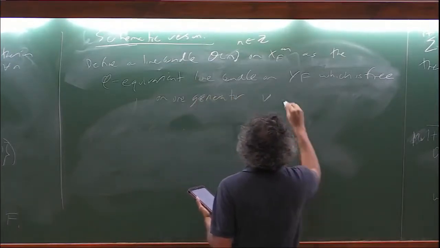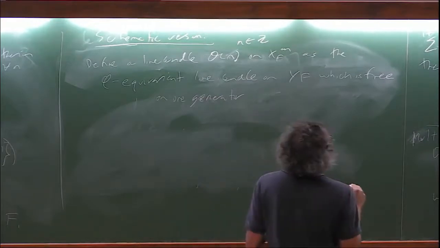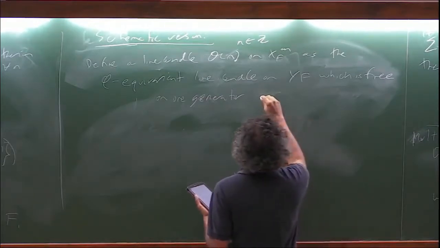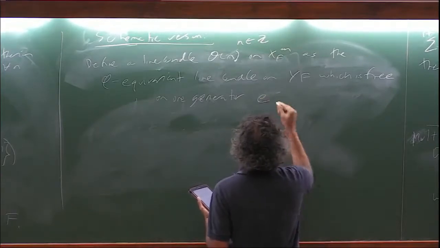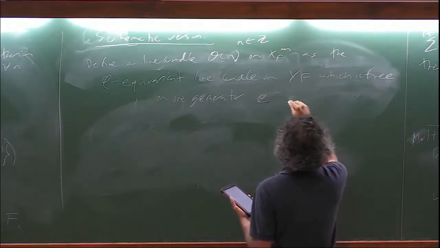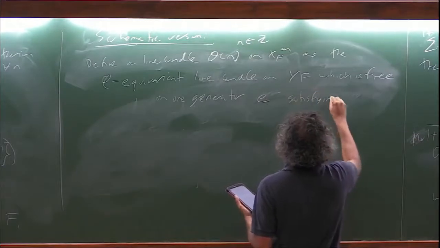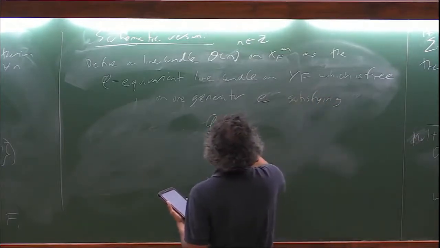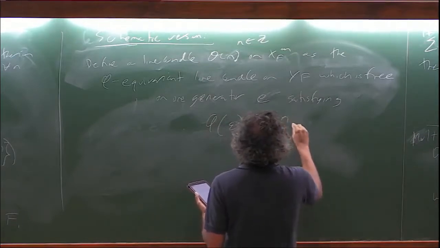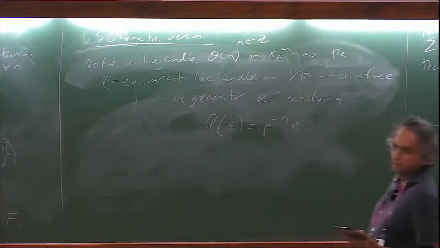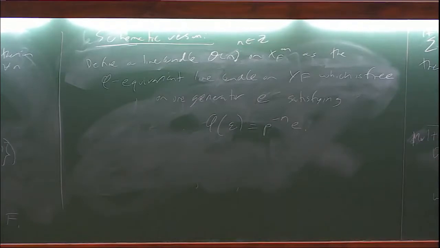Call it V, or maybe I shouldn't call it V because V looks like evaluation. What's a good name for a generator? E, I guess. Satisfying: the pullback, the action of phi on this thing multiplies that by p to the minus n. We'll see why this minus is there in a moment, maybe.